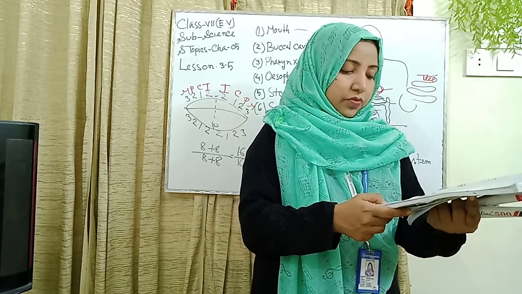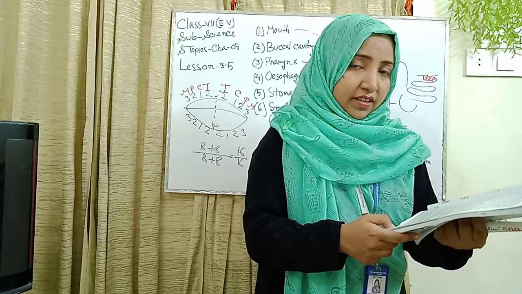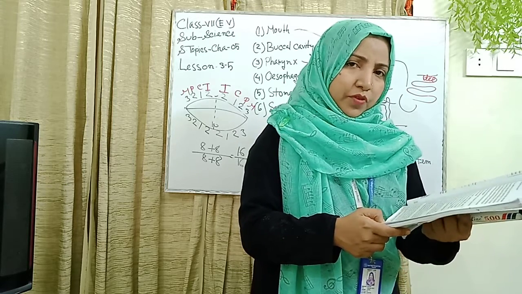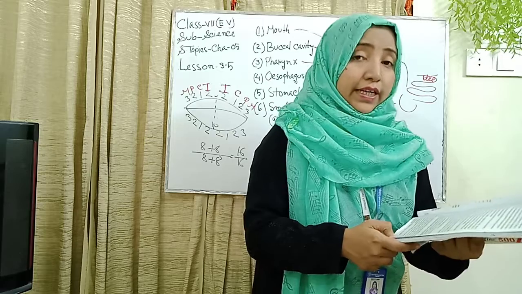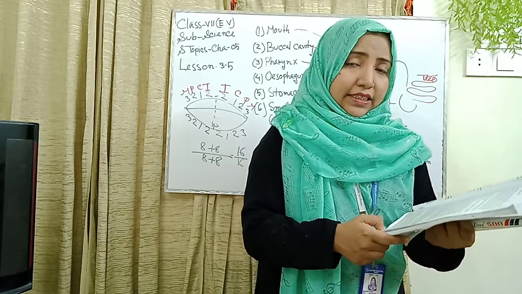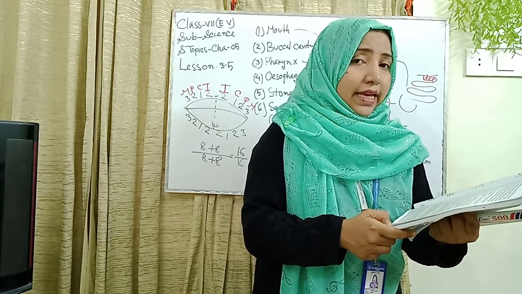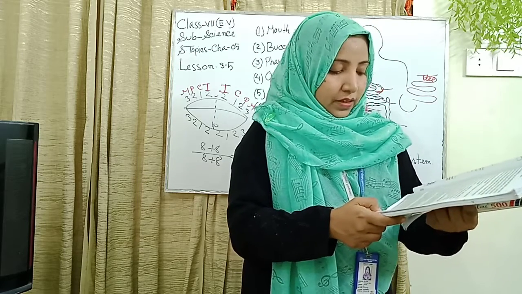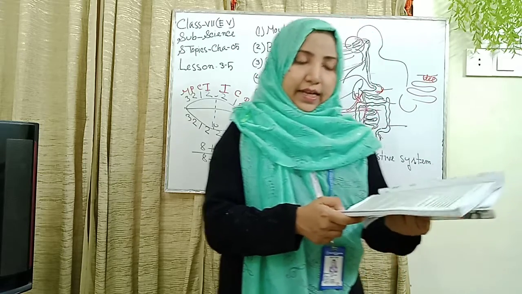Undigested parts of food are deposited here. So digested parts are absorbed in the small intestine or ileum, and undigested food stays in the rectum, which looks like a bag. Two foods are deposited here.